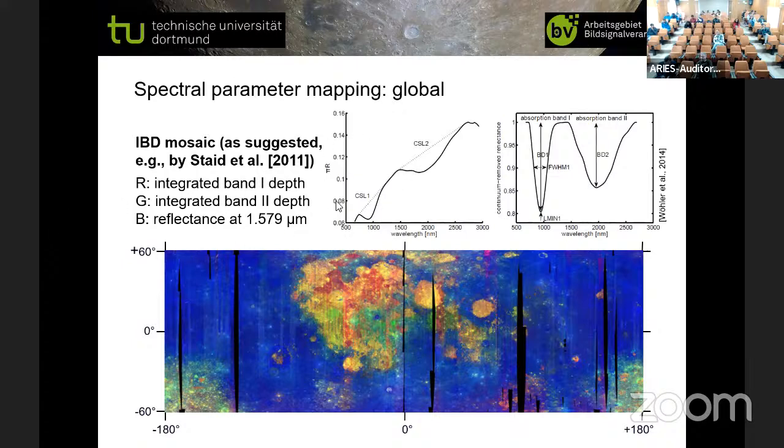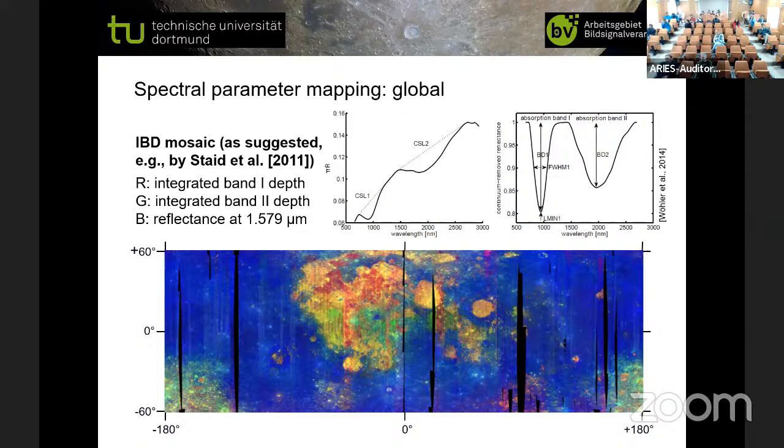So this is a reflectance spectrum of a small impact crater in a volcanic mare area. And we can see that there's a general trend of increasing reflectance with increasing wavelength, which can be described, for example, formally by the convex hull, which is here indicated as a thin dashed line.